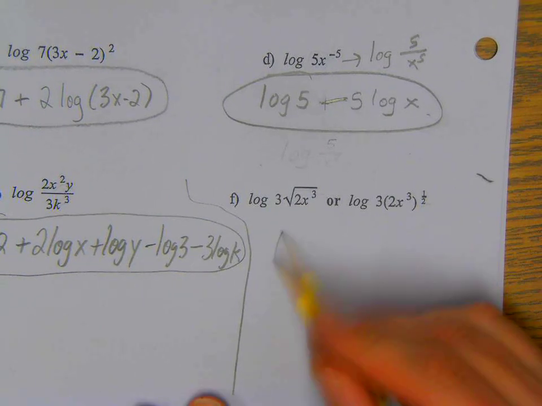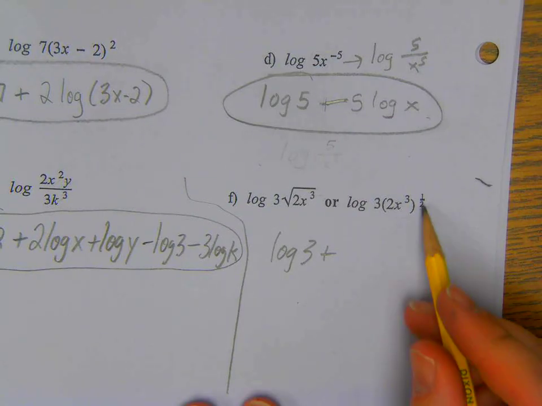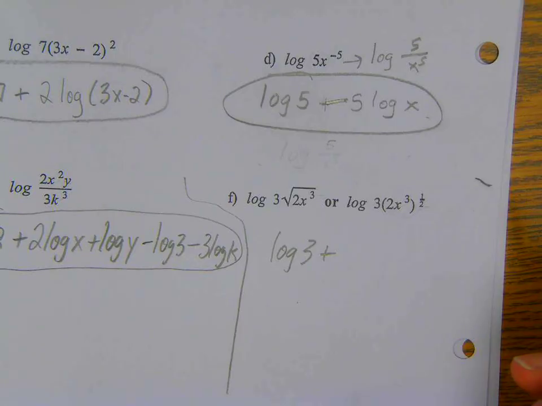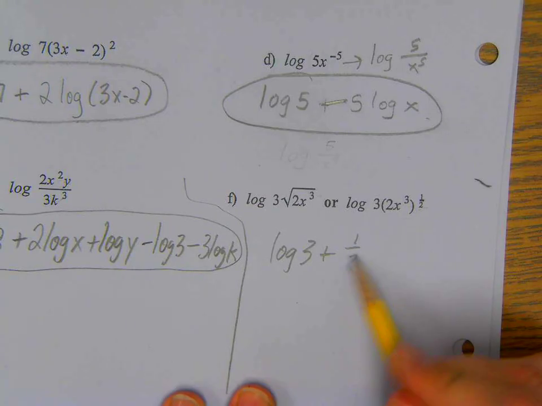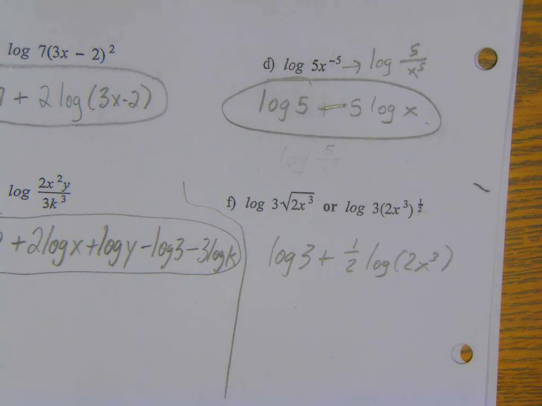So now we can go log 3 plus, well, we could multiply them together, or we could write just 1/2 log 2x cubed, and it'd be the same thing. This would be okay.